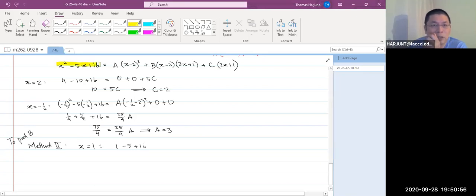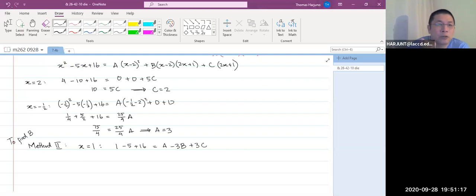When you plug in x equals 1. Now, on the right-hand side, when x equals 1, I get a minus 3b plus 3c.